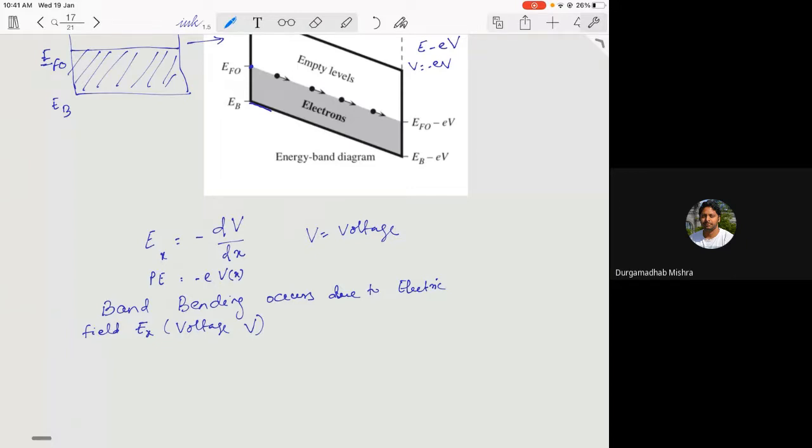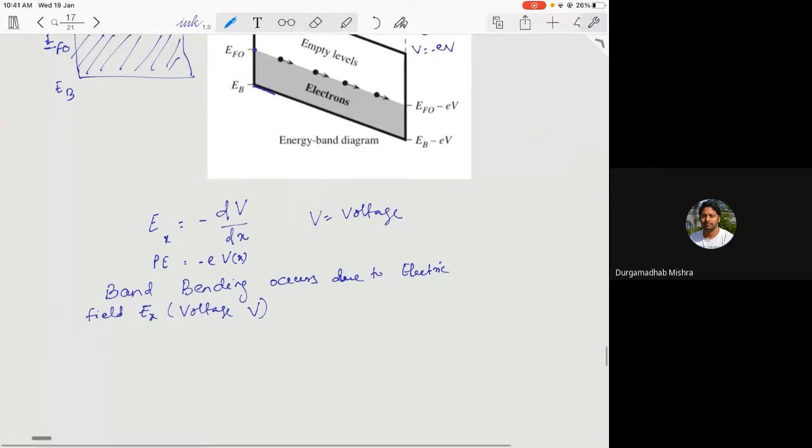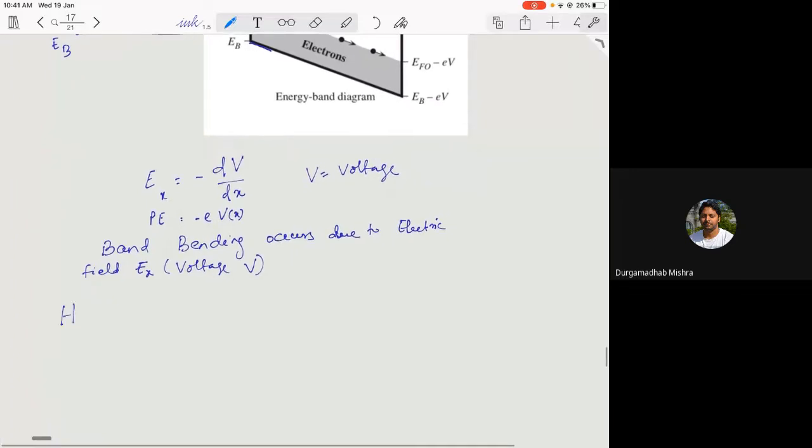And how does one move these electrons? There are many ways you can move electrons. So how do we move electrons in a band?